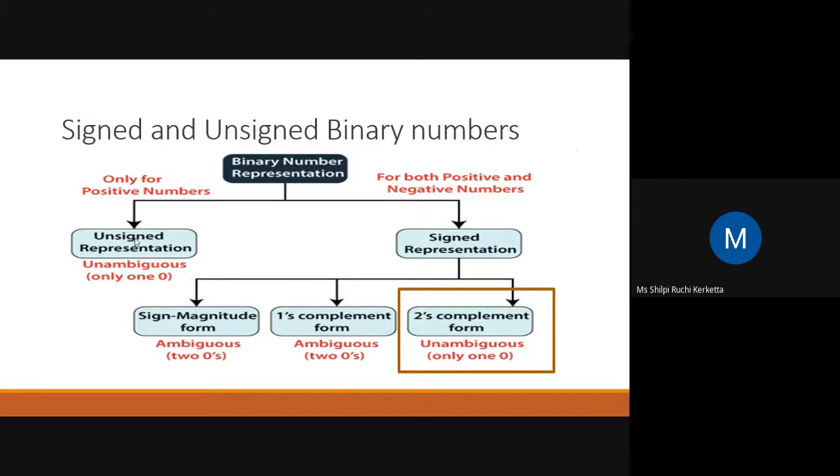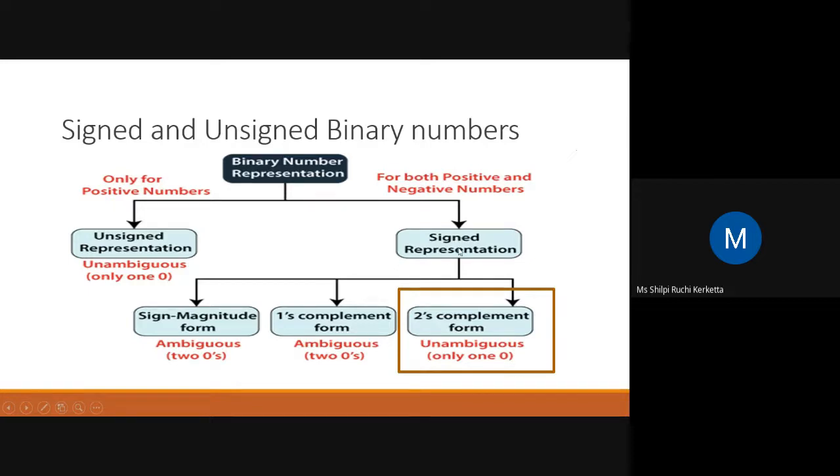Like if 5 volts are there, we write plus 5 volts, and if minus 5 volts are there, we write minus 5 volts. So a roll number is an unsigned representation, we don't put any positive or negative sign before it. But voltage has a positive and negative side, so that is signed.